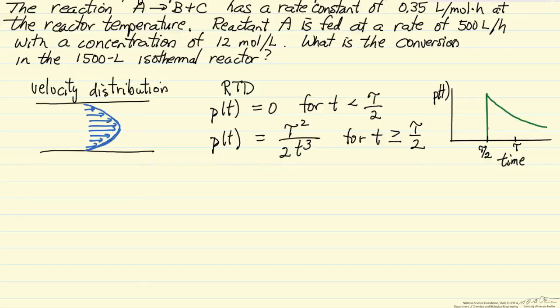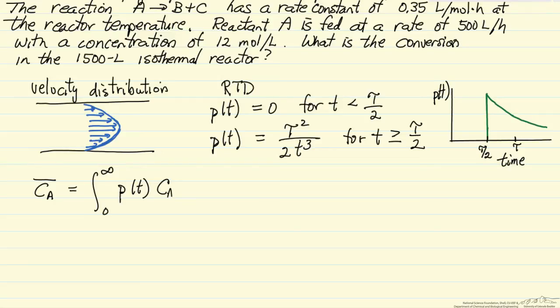And so the idea of segregated flow is that we can calculate the average concentration of a reactant leaving the reactor, and I'll use this symbol to indicate average, by integrating over all of these plug flow reactors in parallel. So integrating from 0 to infinity, P of t, the residence time distribution, determines the different types of plug flow reactors and their residence times.